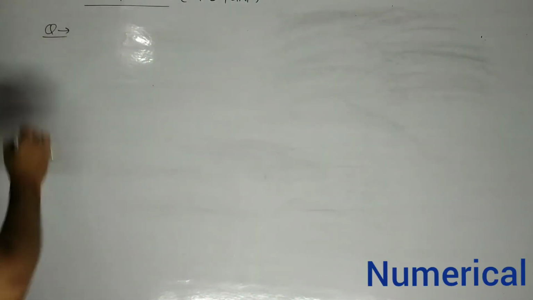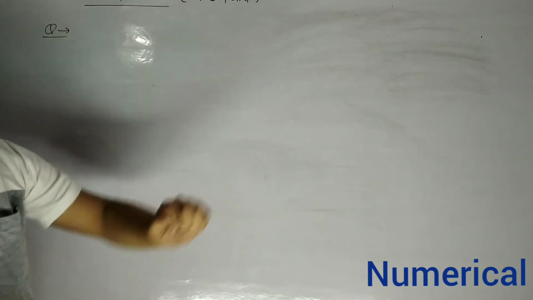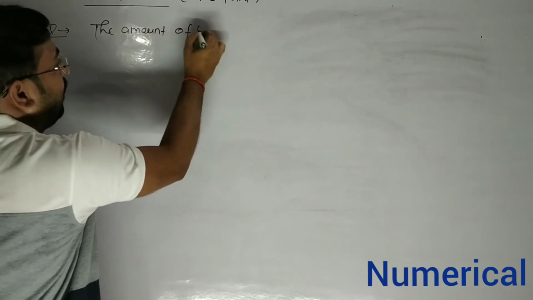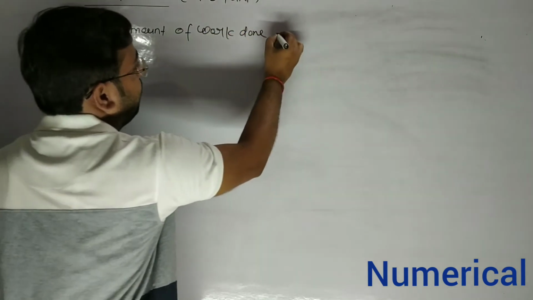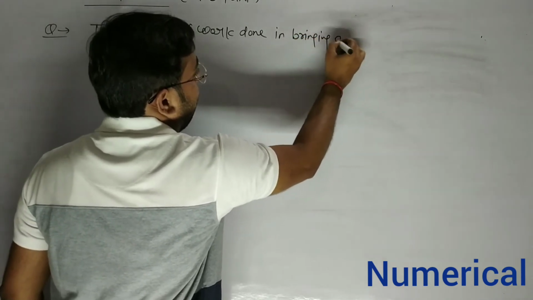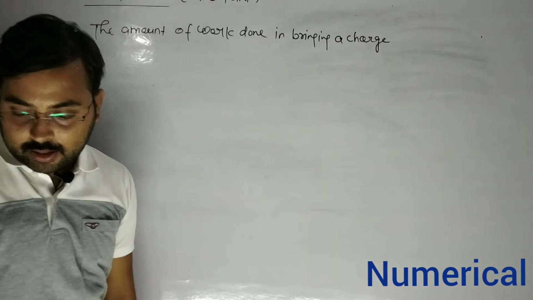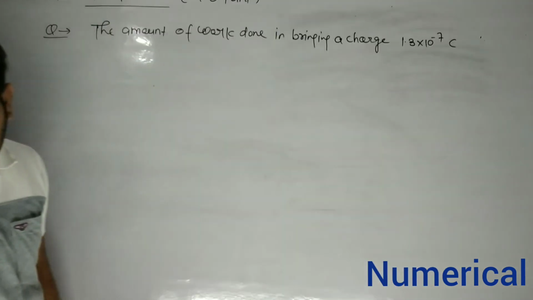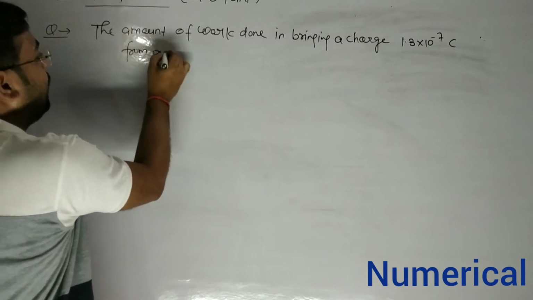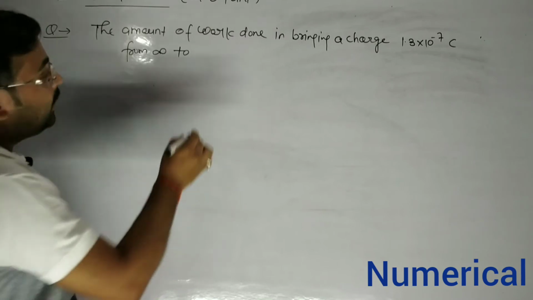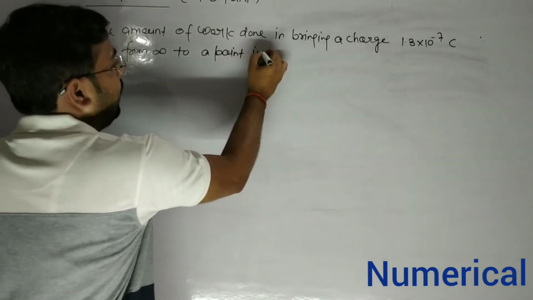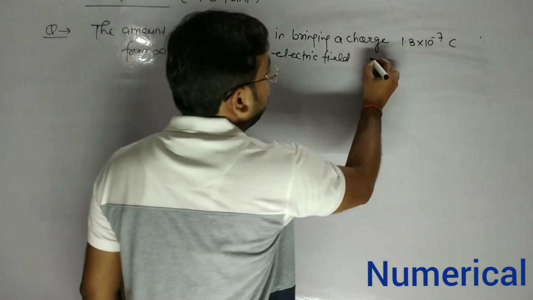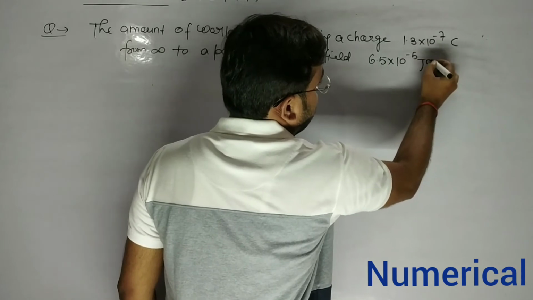First question. The amount of work done in bringing a charge of 1.3 into 10 to the power minus 7 coulomb from infinity to a point in the electric field is 6.5 into 10 to the power minus 5 joule.